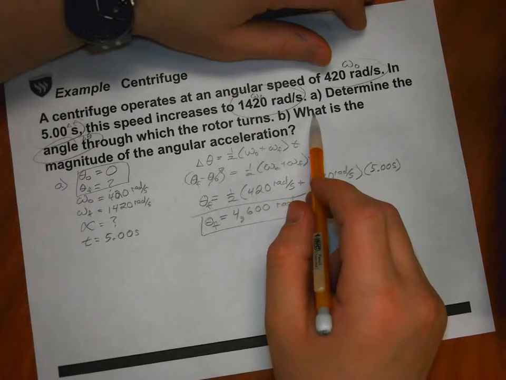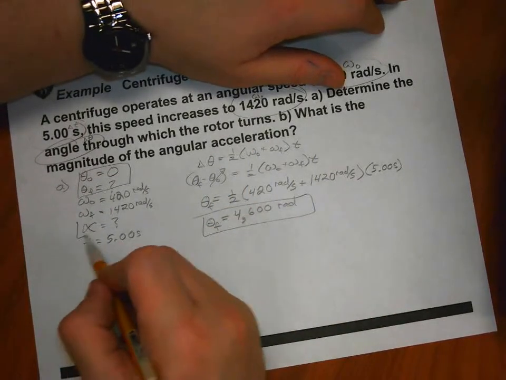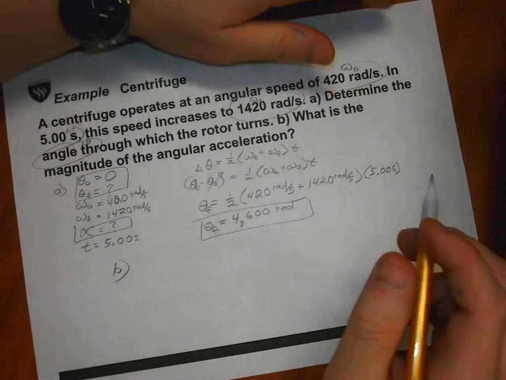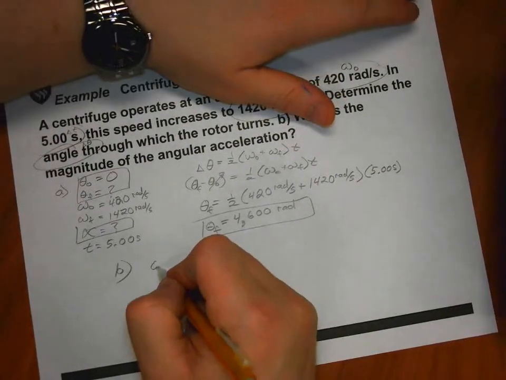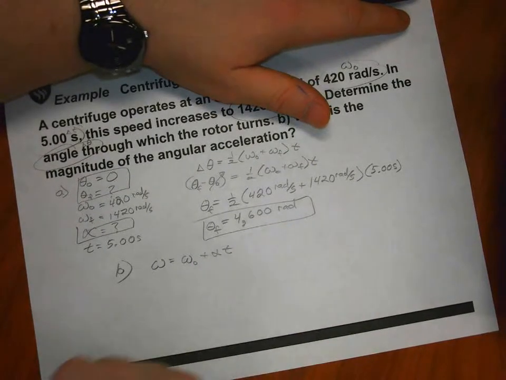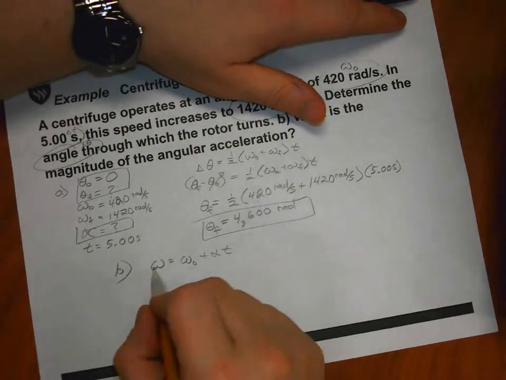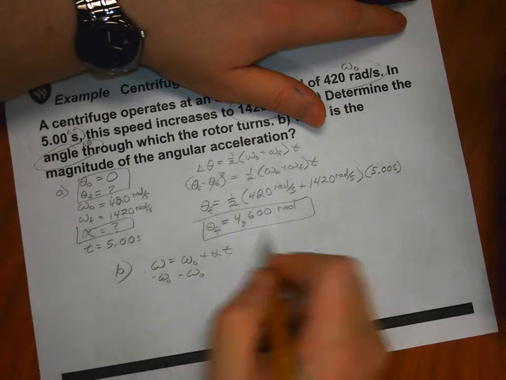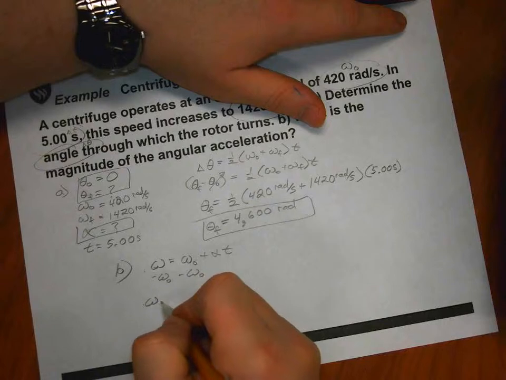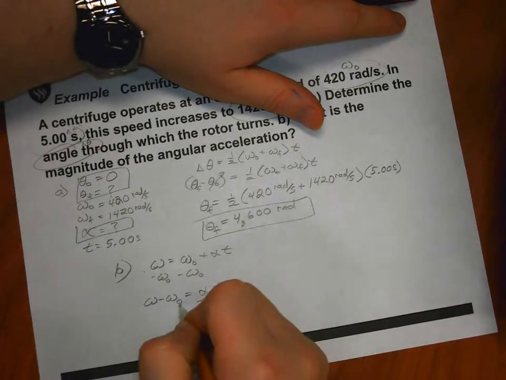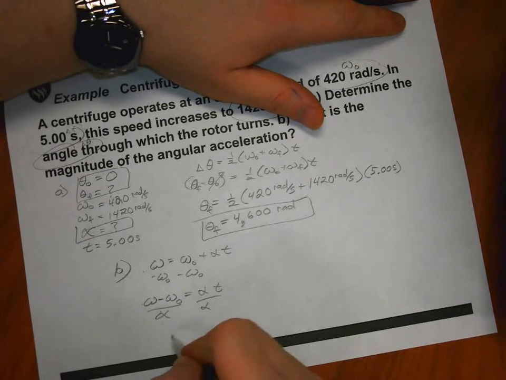Now B says, what is the magnitude of the angular acceleration? Okay, we can do that. If we go back to our kinematic equations, this is, I believe, the easiest one. We have these two things, so let's subtract the initial angular velocity from each side. And now let's divide each side by alpha.